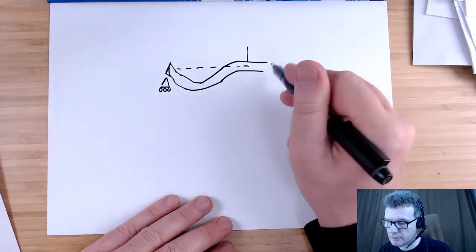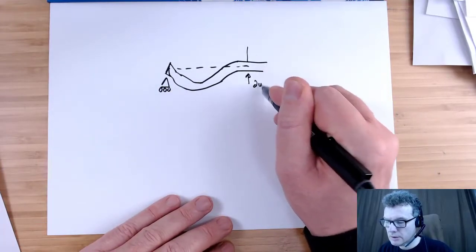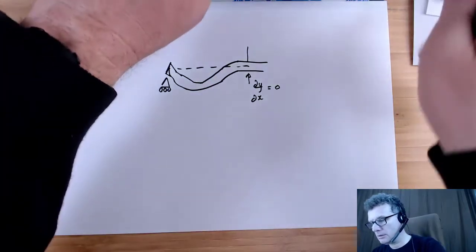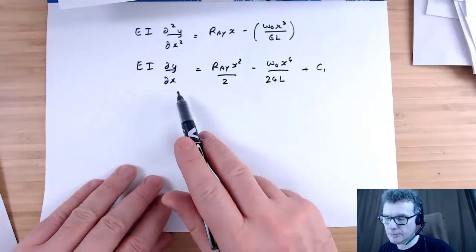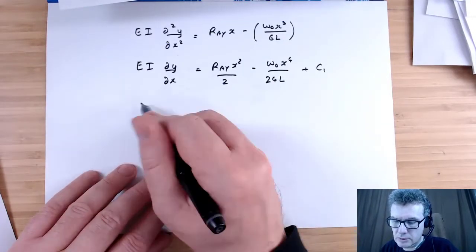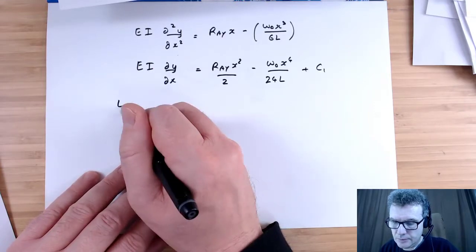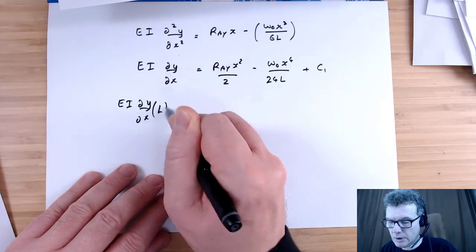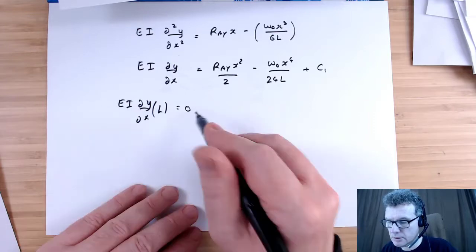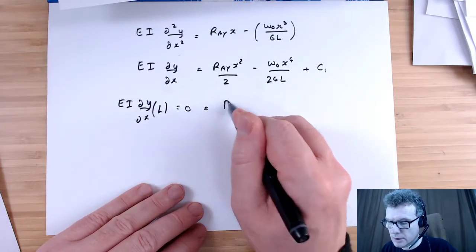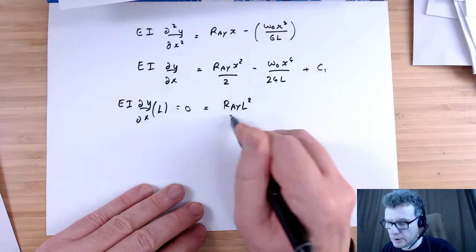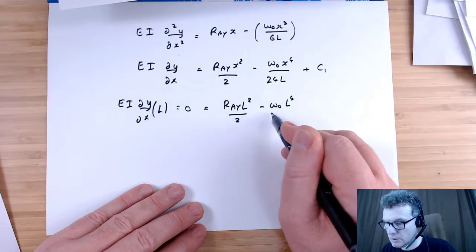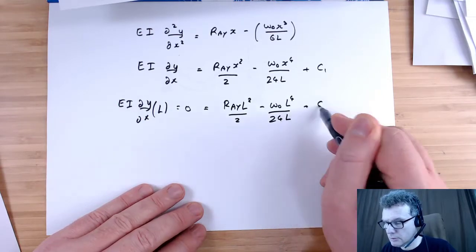So it's going to look something like that. So at the wall here, dy/dx equals 0. So I'll apply that boundary condition, so we're at L. When x equals L, we're expecting this to equal 0. This equals RAY L squared over 2, take away W0 L to the power 4 over 24L plus C1.